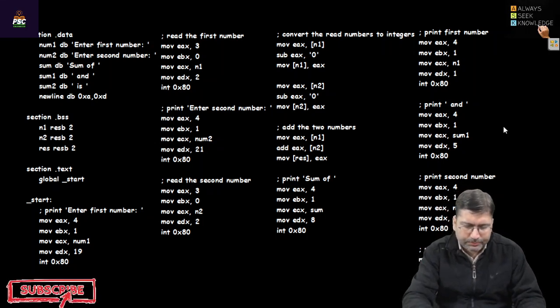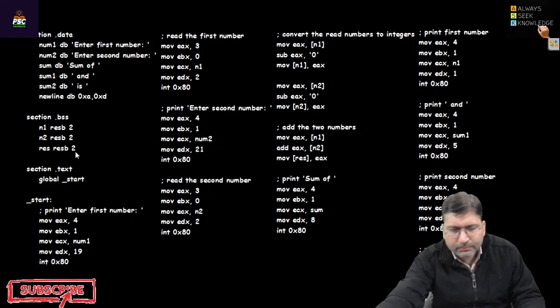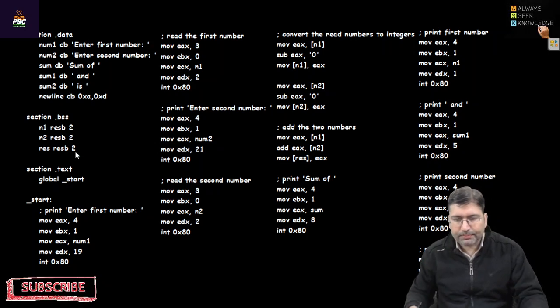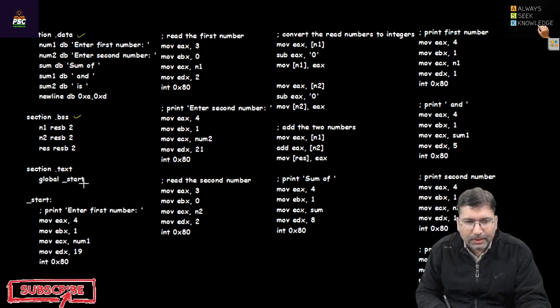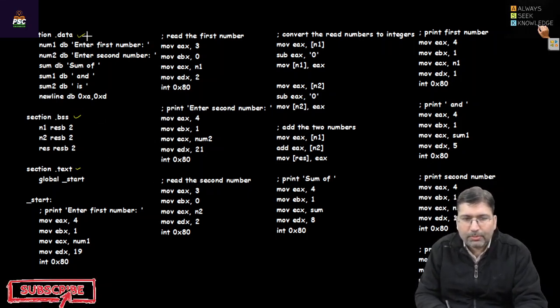Now this is an assembly, and there are different portions actually. One portion is maintaining the data, then there is the BSS portion, and there is another text portion. Right now I am not discussing what data and BSS are; you can understand that later on.